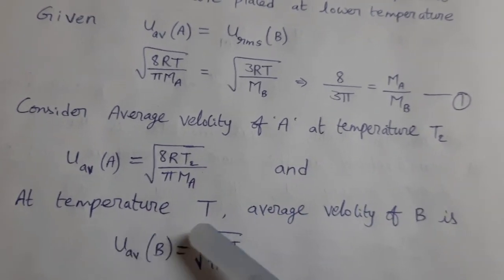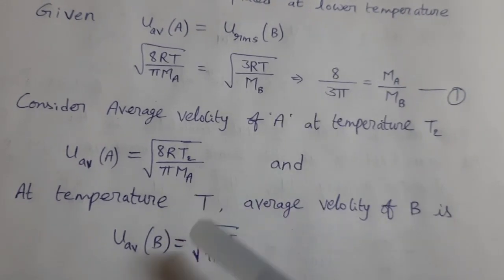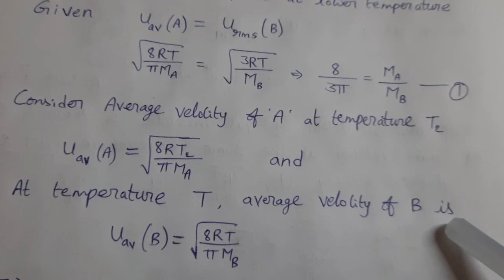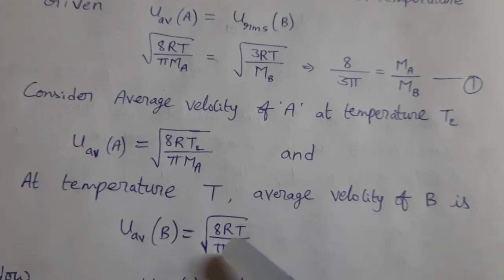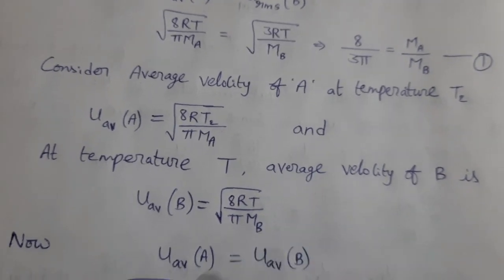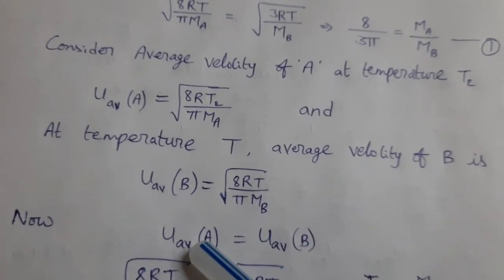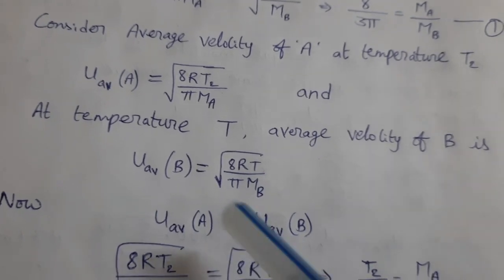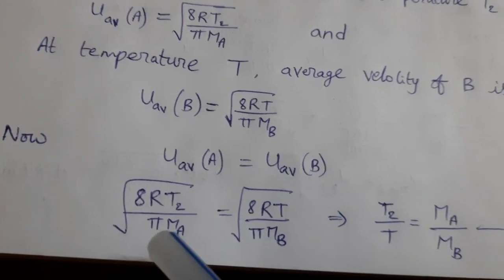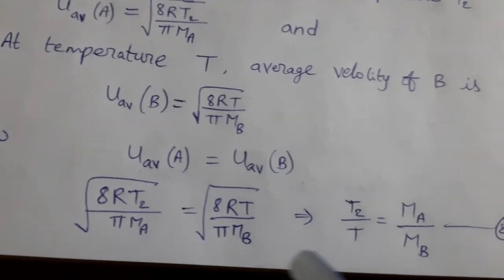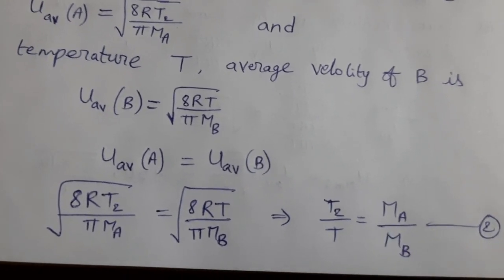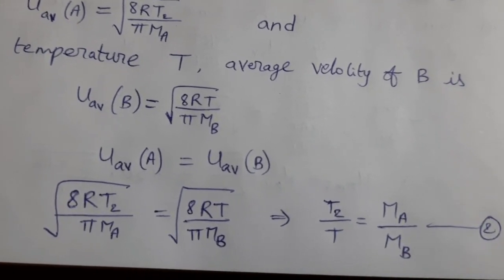And at the same temperature T, as given in the question, the average velocity of B is square root of 8RT by pi MB. Now, if we equalize these two, average velocity of A equal to average velocity of B, then from their related formulas we get T2 by T equals MA by MB. Let it be equation 2.